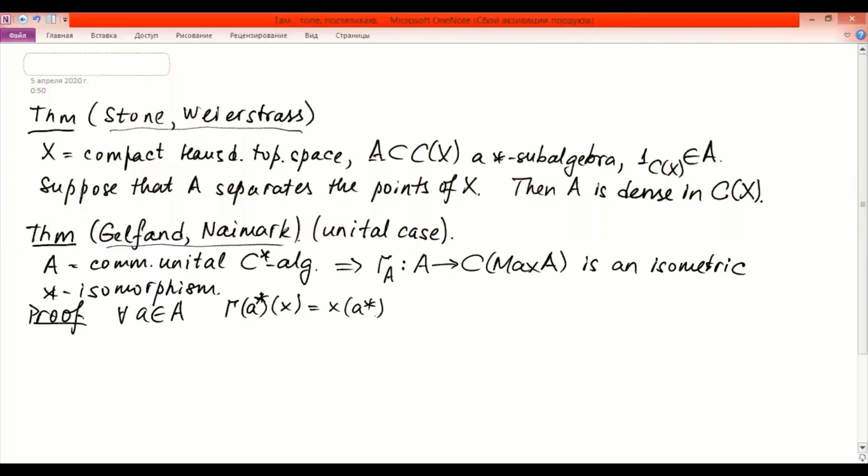But we already know that all characters of A are star characters. So this is X of A complex conjugate.